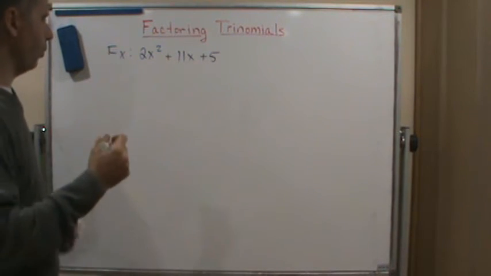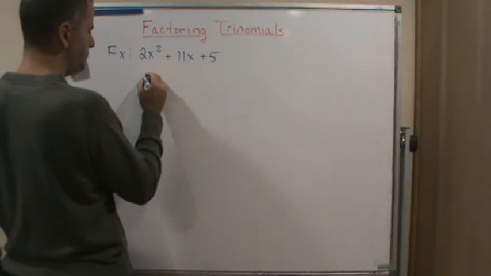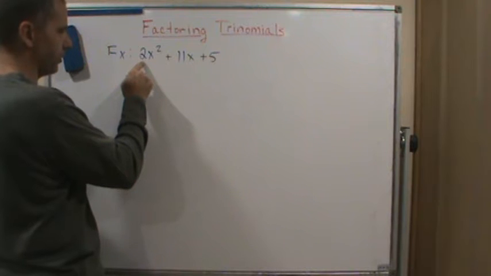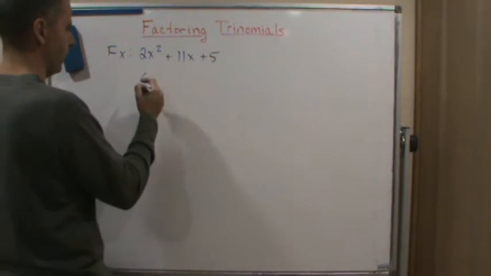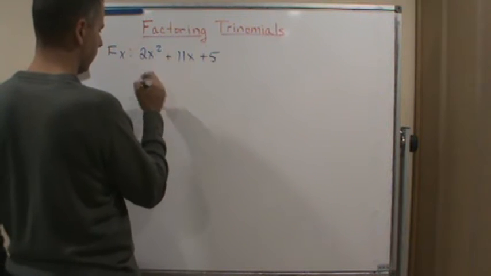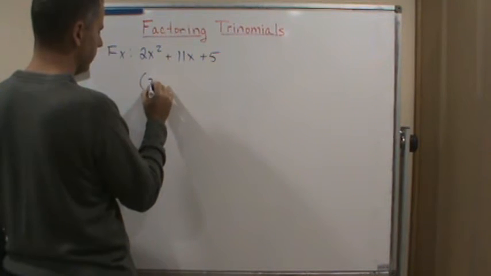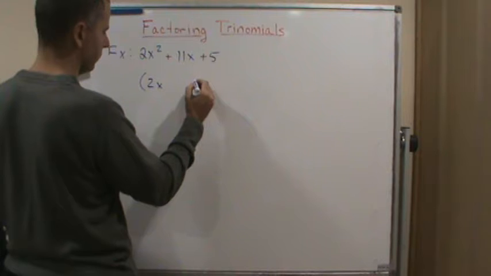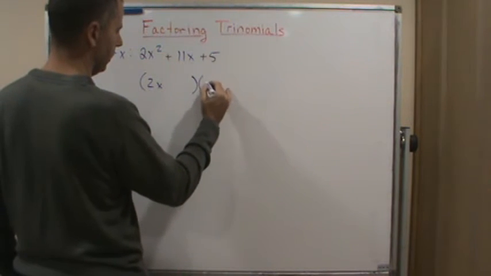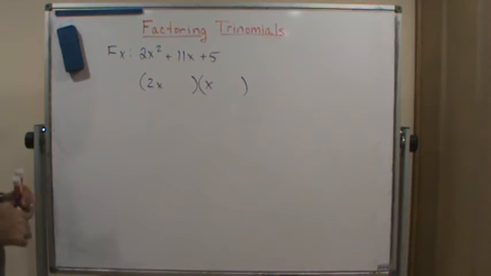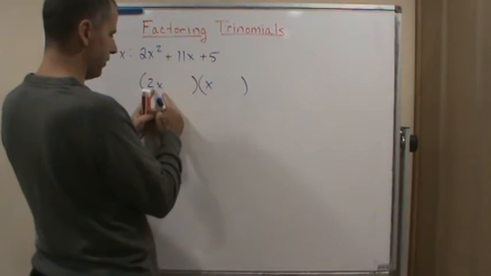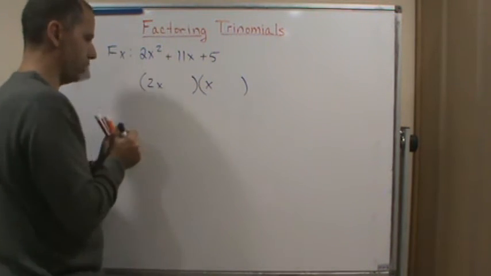So the only two factors of 2, because it's prime, are 1 and 2. So they're going to be positive. So this is going to be 2x times x, because those two together need to multiply to give us that term.